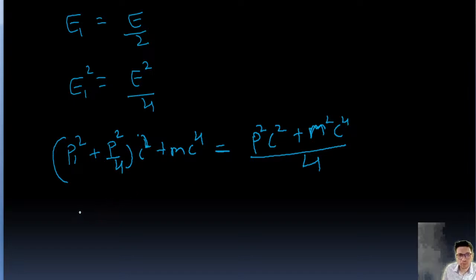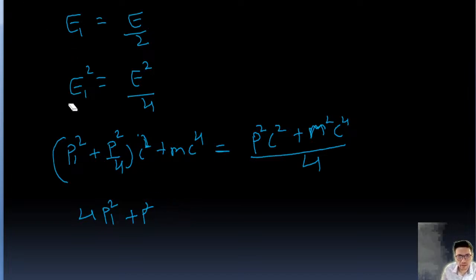So this is going to be 4, and C square will get cancelled on both sides. So 4 P1 square plus P square C square, the 4 will get cancelled. Just a P square, guys, not C square.